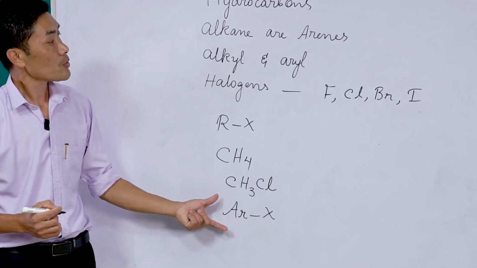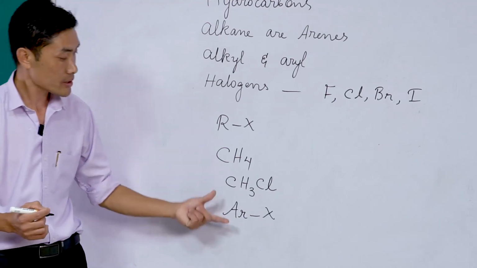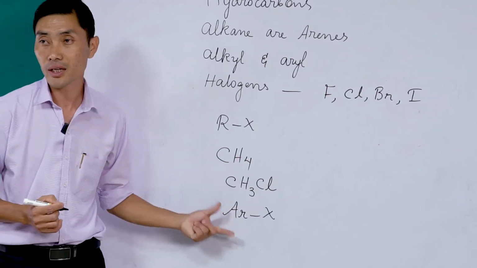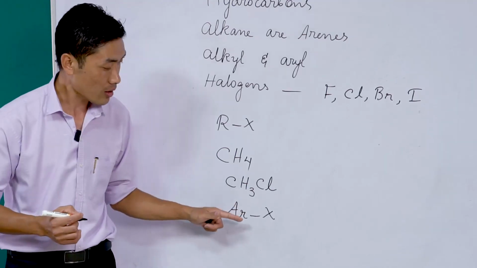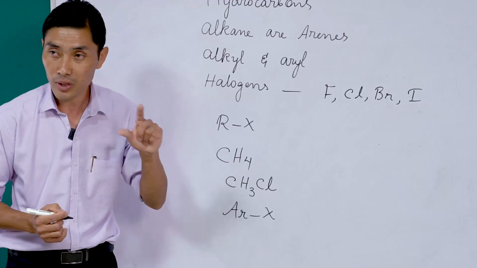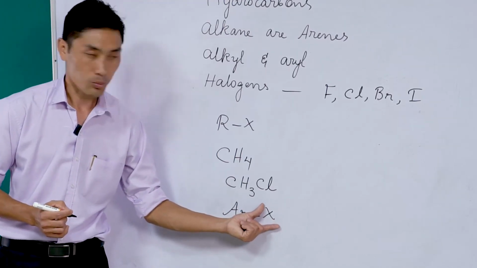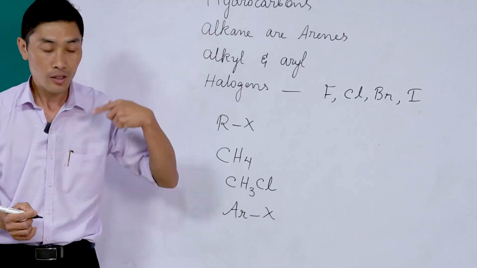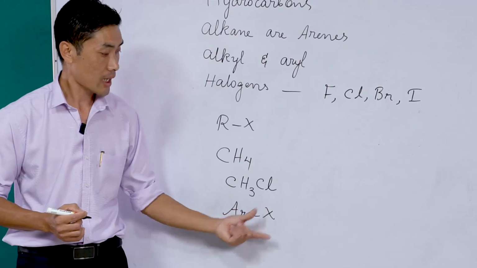So these haloarenes can also be defined as halogen derivatives of aromatic hydrocarbons in which a hydrogen atom of the aryl ring, the aromatic ring, is replaced by a halogen atom. Or it may be that more hydrogen atoms can also be replaced by these halogen atoms.